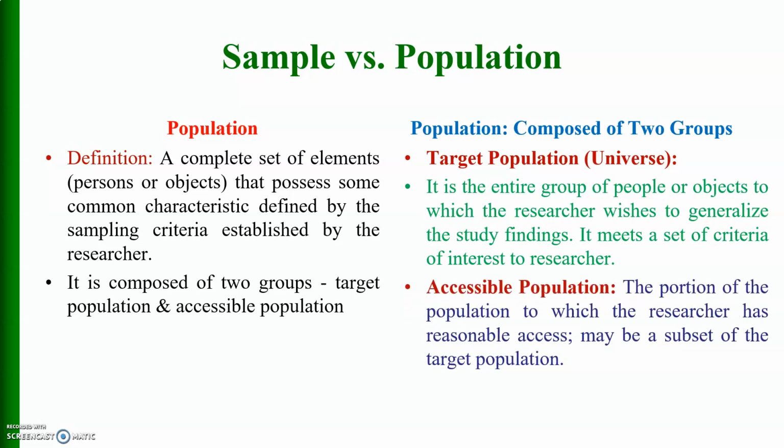Then there is the accessible population, and it is that portion of the population to which the researcher has reasonable access, and it may be a subset of the target population. It may be limited to a region, a province or a state, a city, a county, or an institution or a union council.